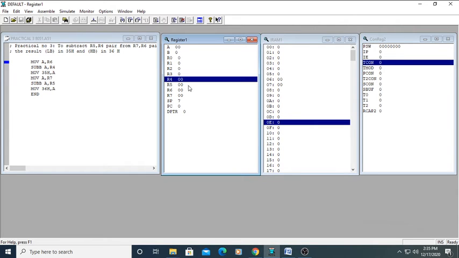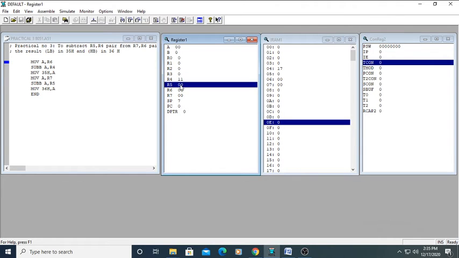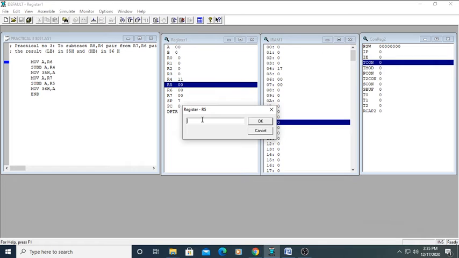So R4 is 11 ice, 22 ice, then 33 ice, 44 ice.